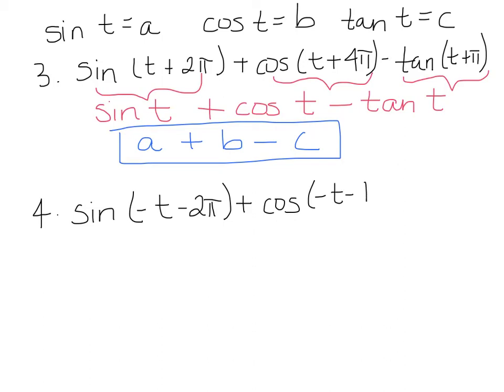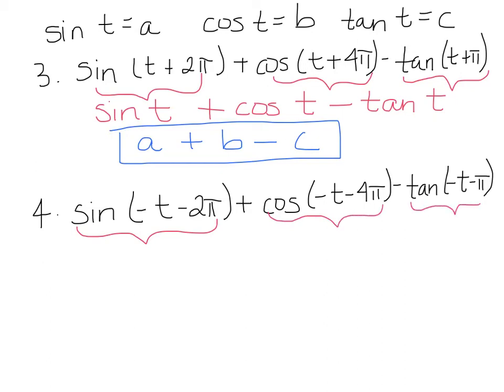All right, now this is a long one. Minus tangent of negative t minus pi. All right, let's break this one down. When you see the negatives, that means that we're going around the circle but in the opposite direction. So now we're going clockwise.